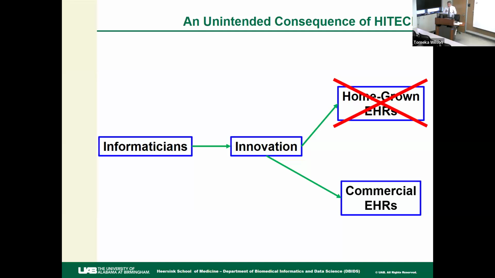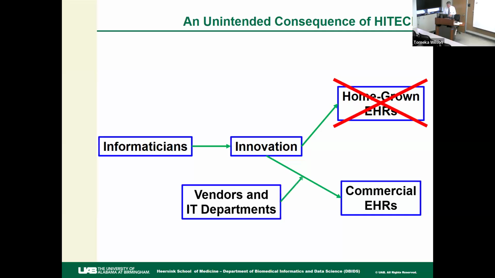So they've been trying to innovate since then, but they haven't had the same incentive because they haven't had as much competition. All right, so now we have vendors and IT departments, and they're telling us, the informaticians, sorry, you can't innovate. We don't want you touching these commercial systems anymore, we're just letting them run. So even the innovation at places like Columbia, Harvard, Vanderbilt suffered because of this new arrangement.